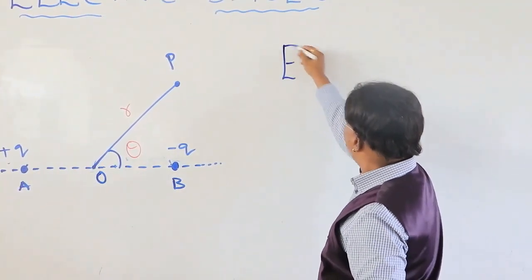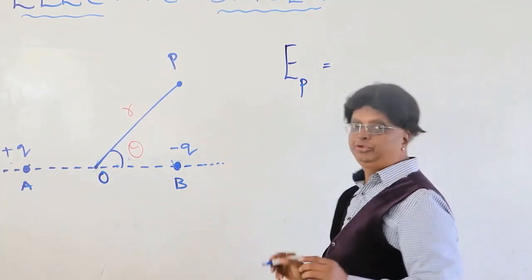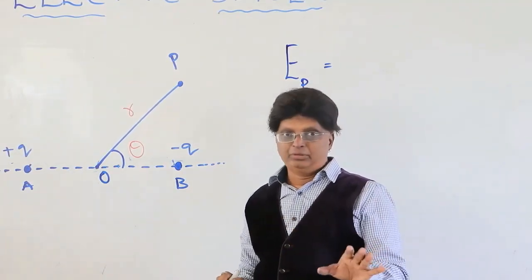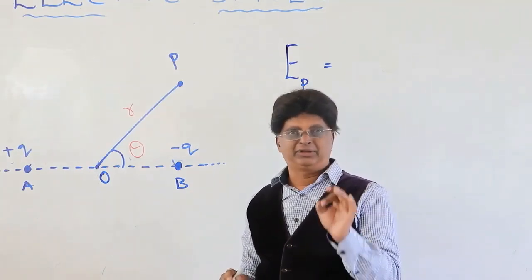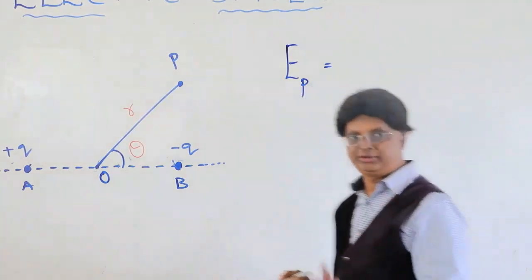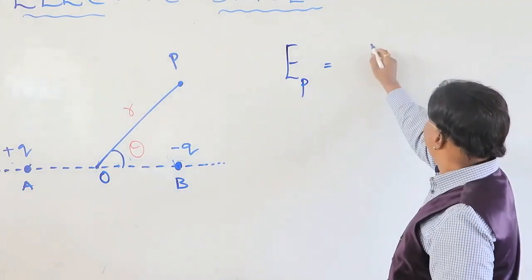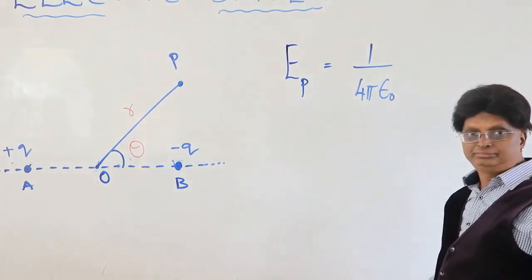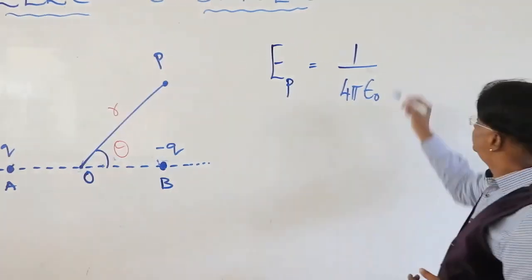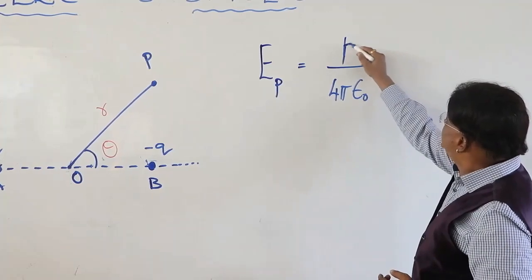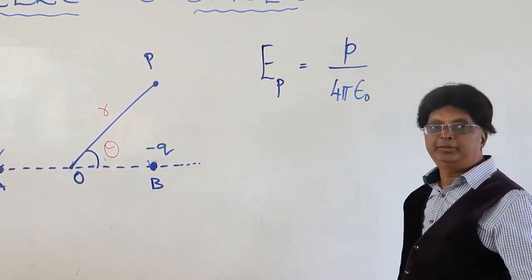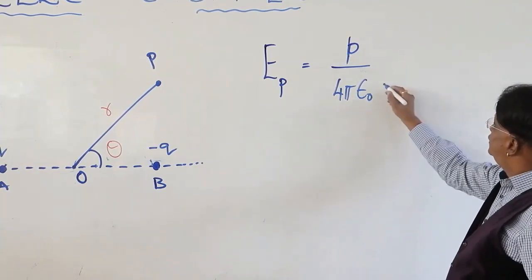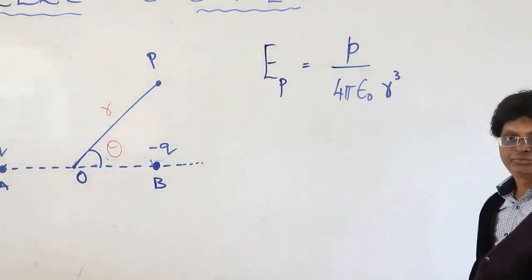Now, E at point P, again I am telling you, this we are writing for a short dipole, not for a dipole in general, but only for a specific case, that is short dipole. E_P is equal to, of course, 1 by 4 pi epsilon naught, which I keep calling small k, times p, p for dipole moment, by r cube.